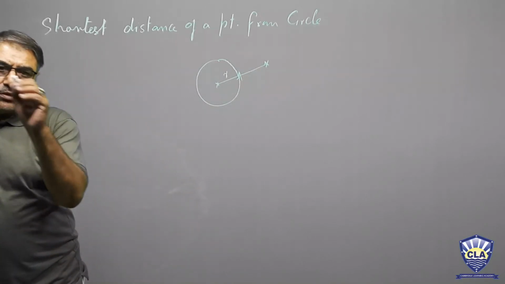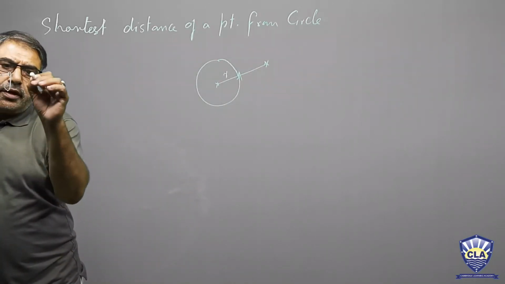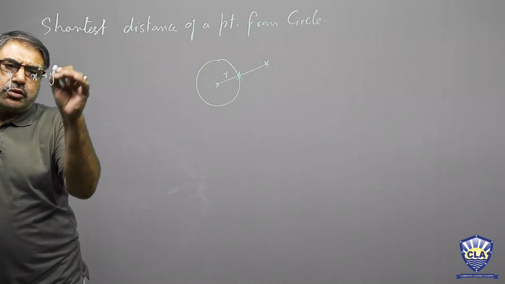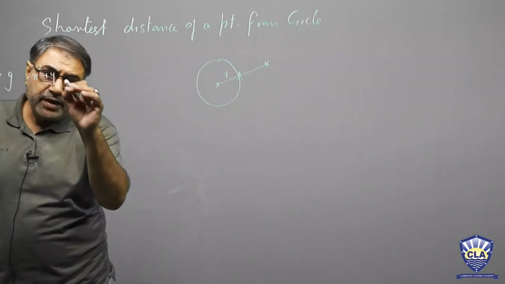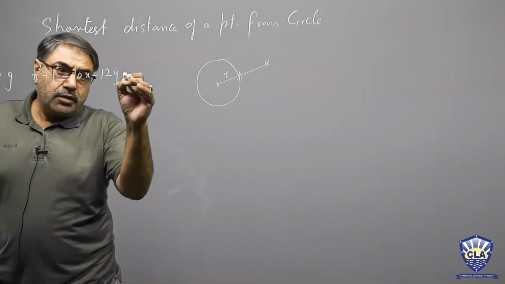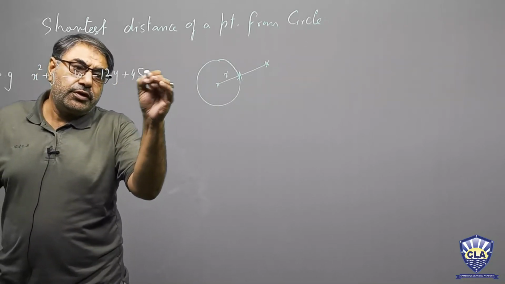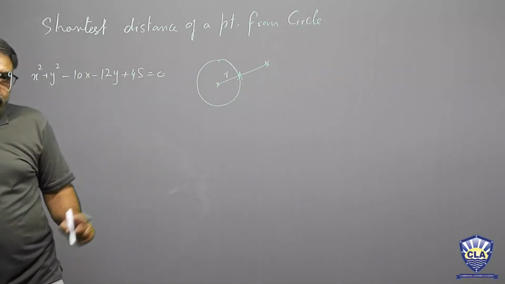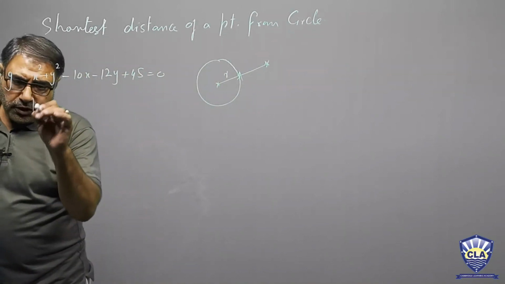Equation of circle is given: x square plus y square minus 10x minus 12y plus 45 equals to 0. And the point is given to you, 1, 3.